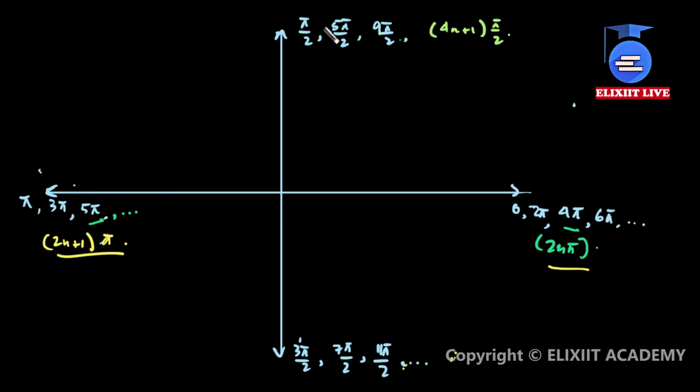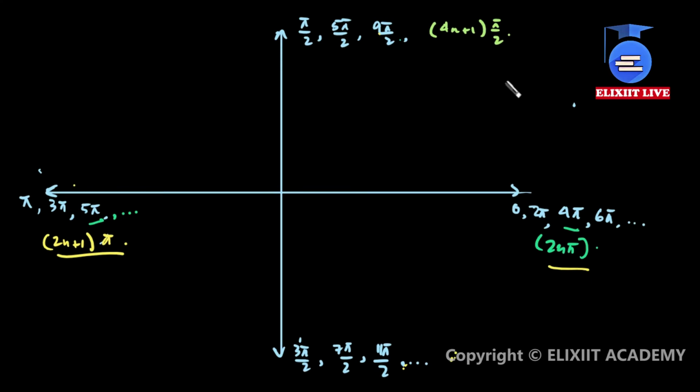Suppose n is 0, then we have 1 pi by 2. If n is 1, then we have 4 plus 1, 5 pi by 2. If n is 2, then this will be 8 plus 1, 9 pi by 2, and so on. So if I write this as 4n plus 1 pi by 2, in general, this is satisfied.